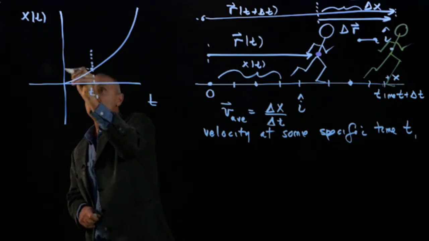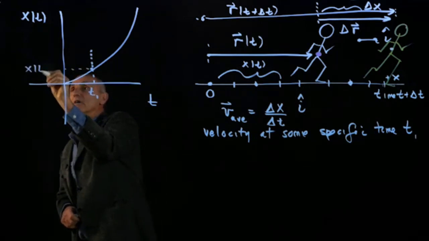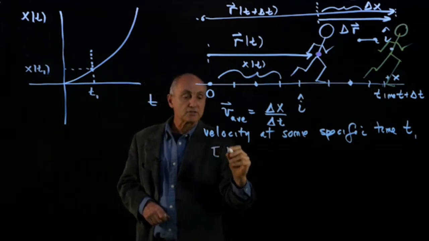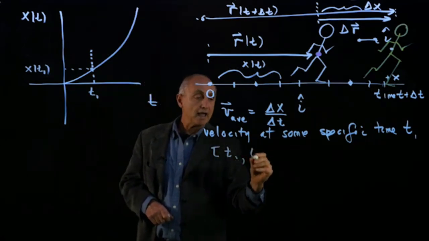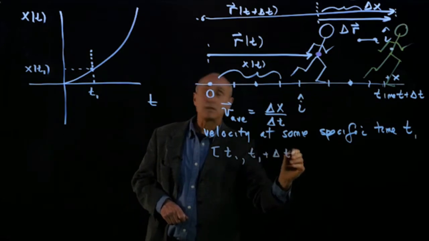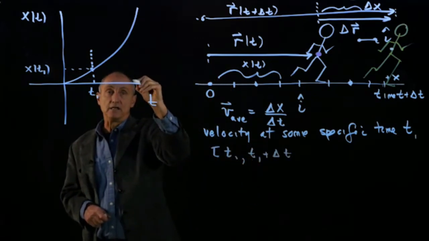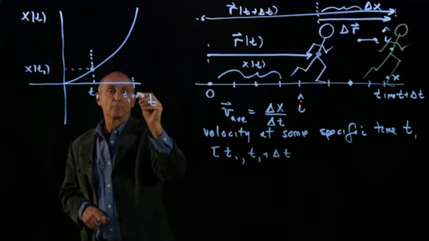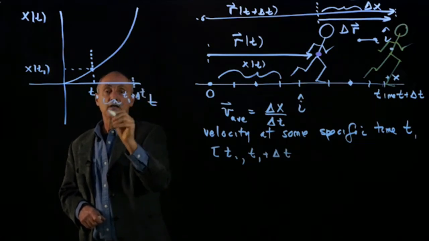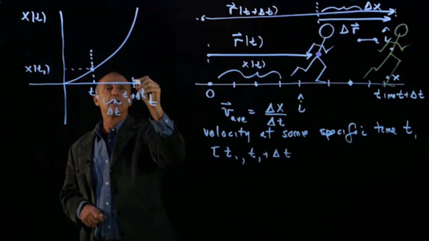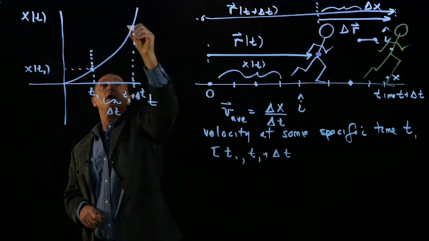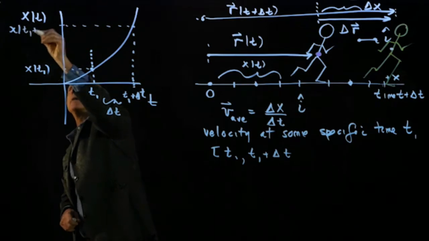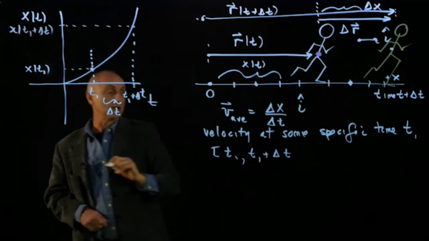So what this represents is x of t1. First I'd like to consider the interval t1 and t1 plus some later time delta t. This is the time delta t. And up here, we have our position function at t1 plus delta t.